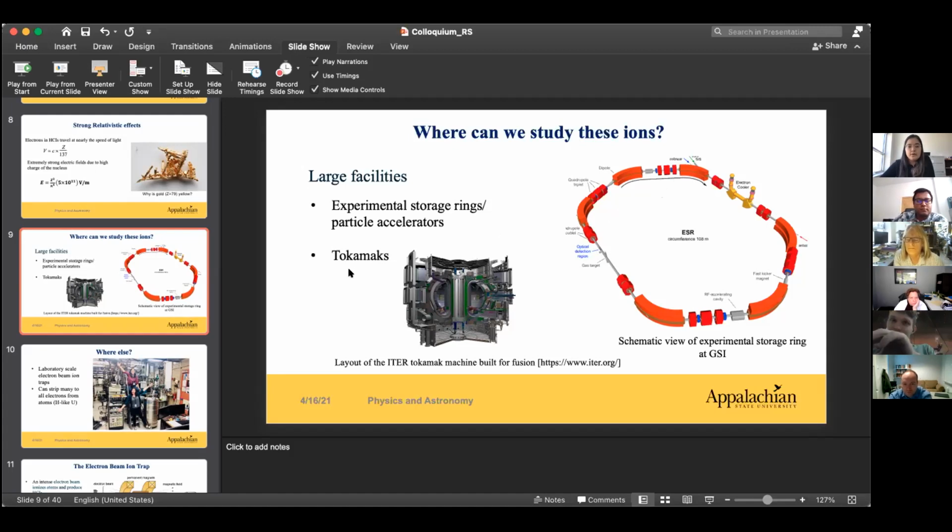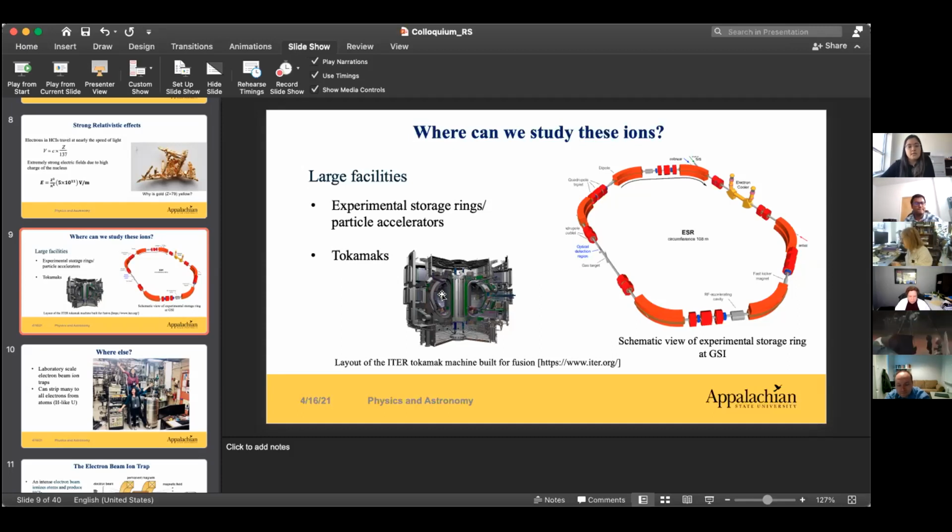The other place where these highly charged ions and these hot plasmas are created are devices that are called tokamaks. It is basically a large vacuum chamber that has lots of magnetic coils. And then the idea is that you create a plasma by fusion inside, and then you apply this magnetic field to confine the plasma inside this device.